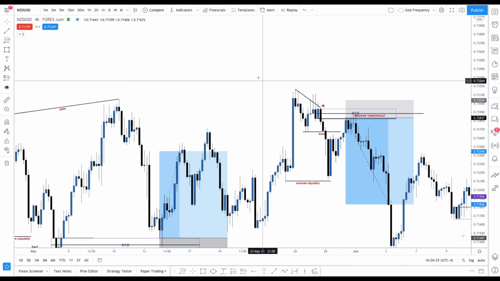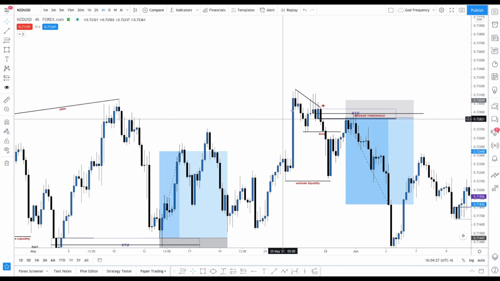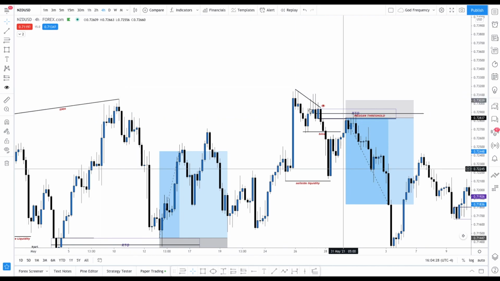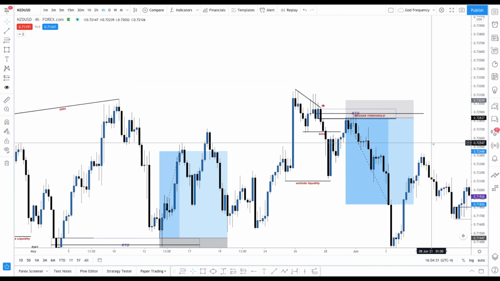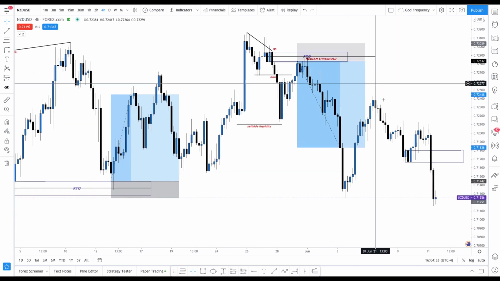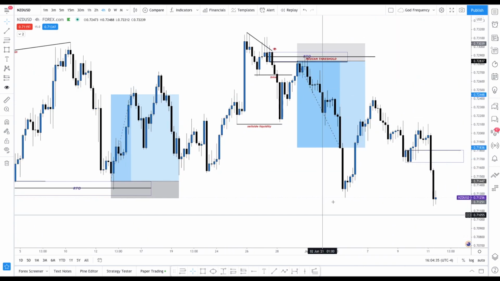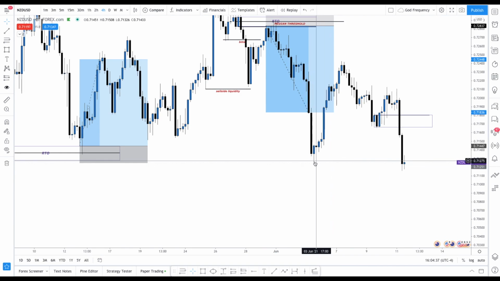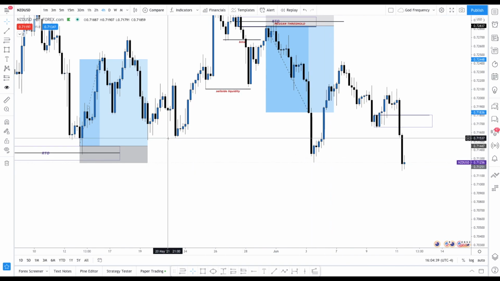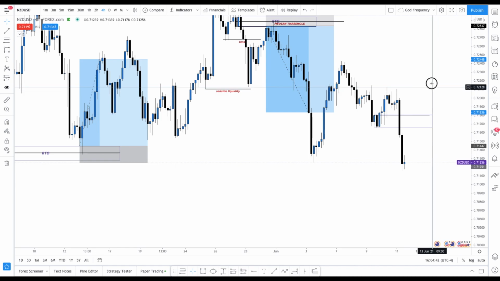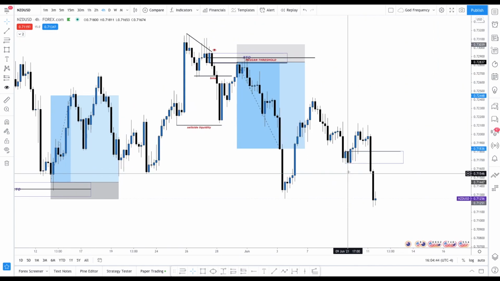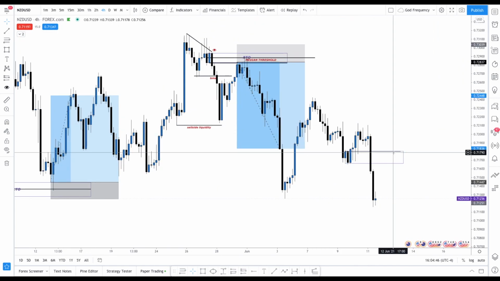Once price had this shift in market structure, it broke down and it continued to break down. We had this sell side liquidity here, we had this sell side liquidity there. The chances of us continuing to go bullish was very slim.